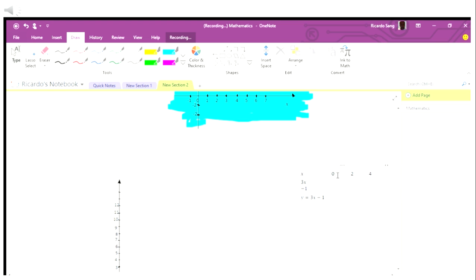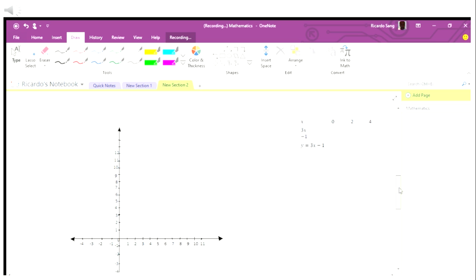Normally they will ask you to calculate it based on some measurement, but in this case you will be given the x value and you have to find the y value to plot the coordinates. All right, so let's do that. For the first one here, x is equal to 0, so we can plug that into this formula, y equals 3x minus 1, to find the y value. So let's do that.